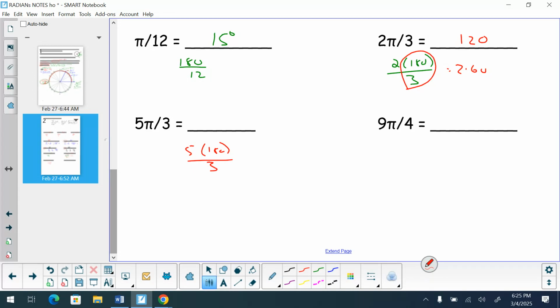I can get 60 out of this, multiply by 5, 300. Go ahead and do the last one.